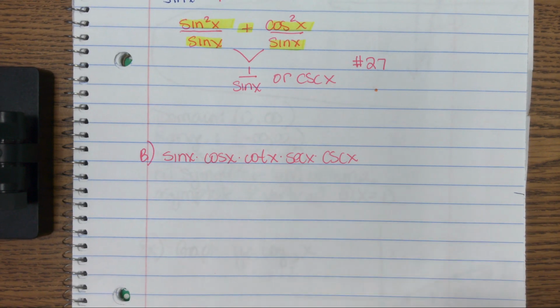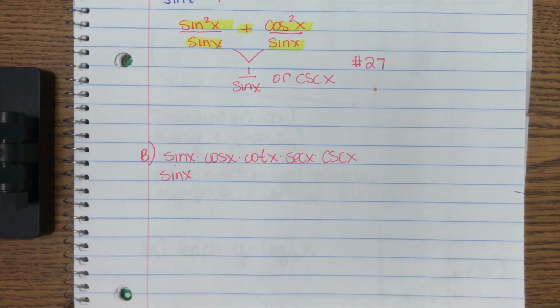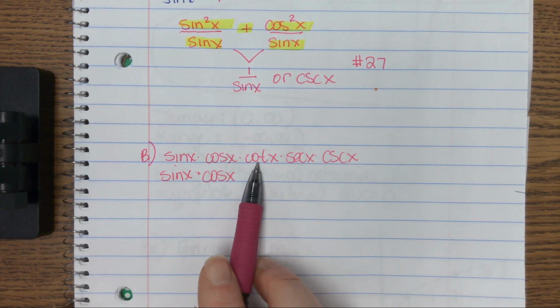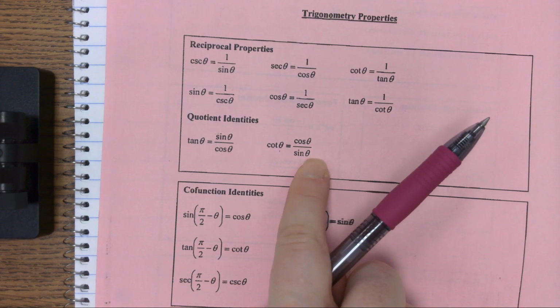On this one, that's already written as sine of x times cosine of x. For cotangent of x, using my quotient identities, I would rewrite that as cosine over sine.